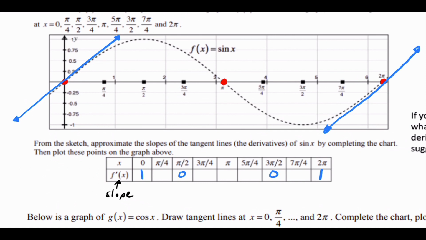So a 1 would look like this, right? Is that the correct tangent line at that dot? No, it's close though. It would be the opposite. I would need to flip this around, going in the opposite direction.